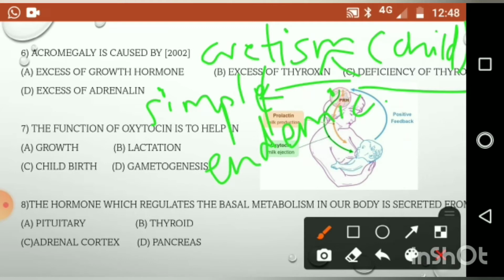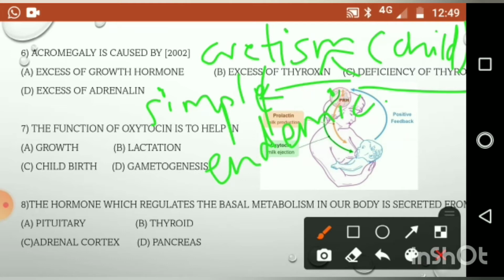It happens in people who are mostly living in the hilly region, meaning in the mountainous region, because over there natural salts are not present.